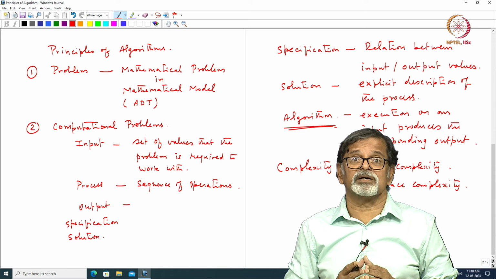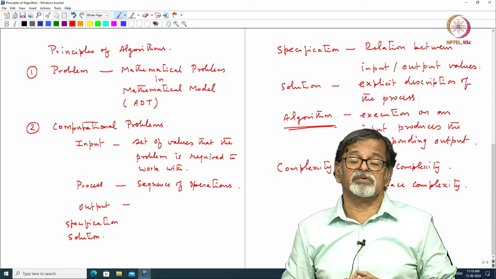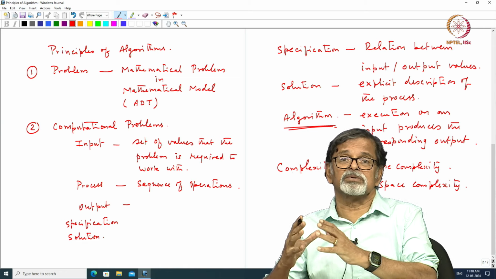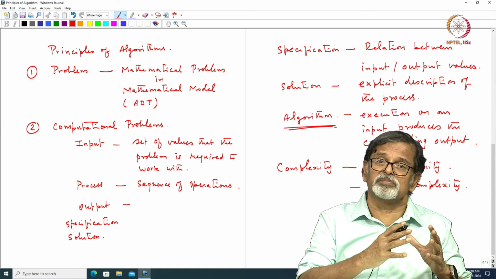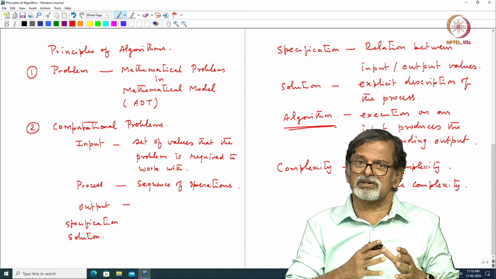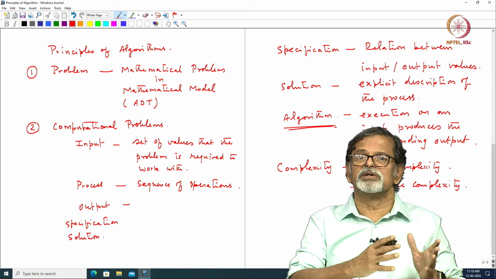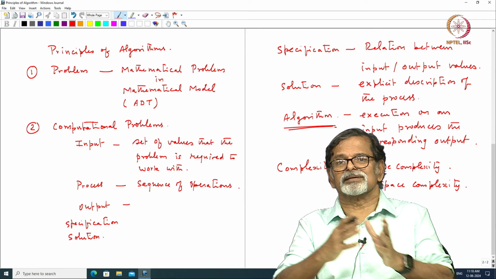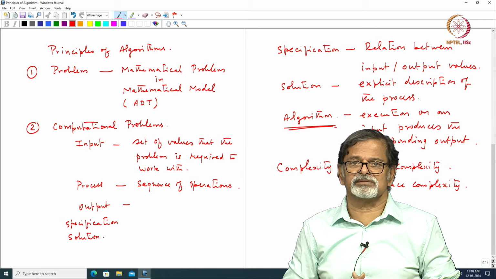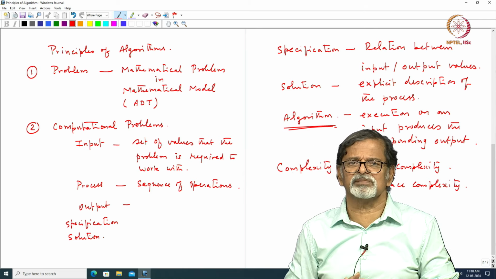This is very important because when you are trying to work out a process or a solution or an algorithm, you are going to implement that idea on a computer as a computer program.